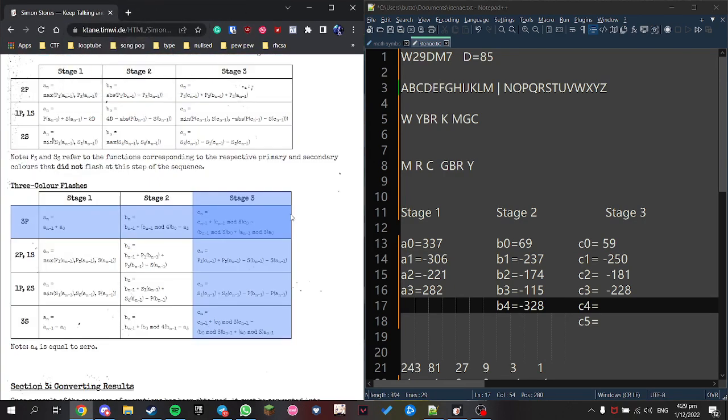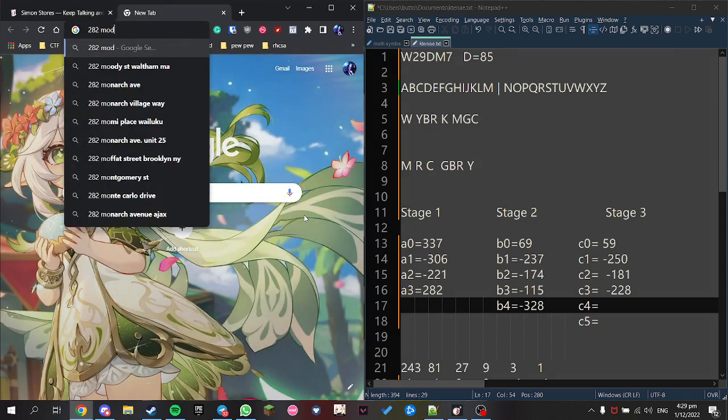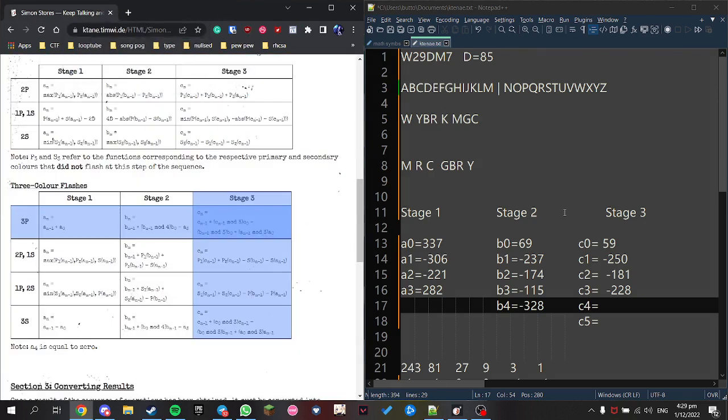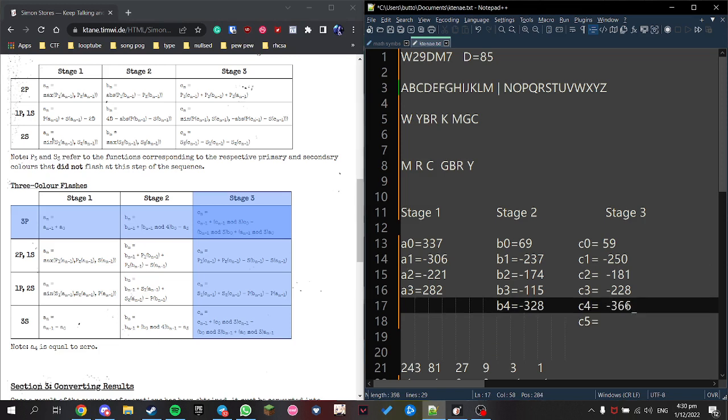That's 2 times B0 69. Then plus 282 modulo 3. That's 0, so that's nothing. Okay. So that will get me negative 366, which actually turns into, because you have 365, it actually becomes negative 1.